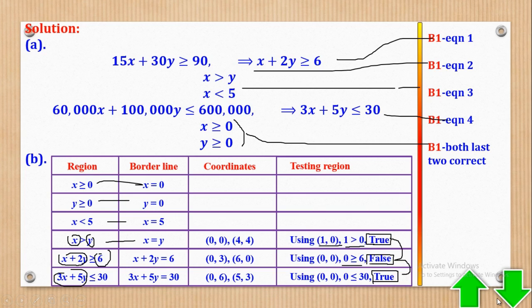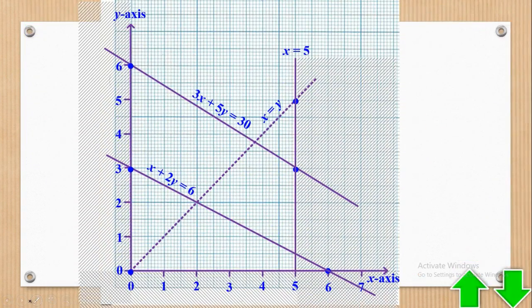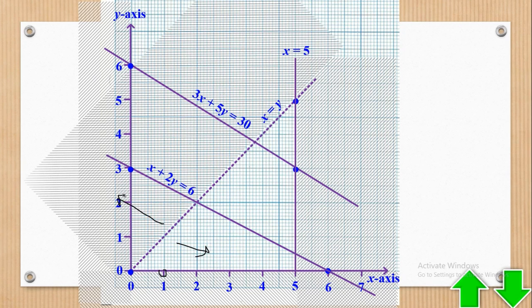So we are going to look at where this point was got. So if you come here, you realize that the point 1, 0 is here. Therefore this part is the wanted region and the unwanted is the other side, which is this. So we are going to shade that part like that. Okay, so next we shall go to the next line.